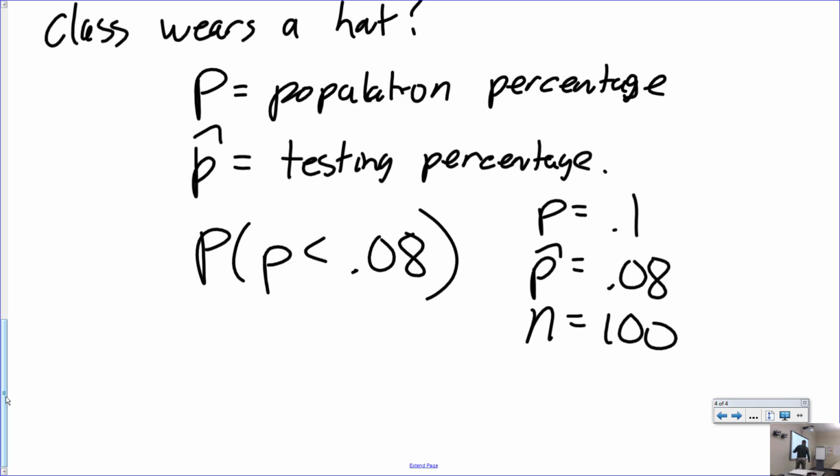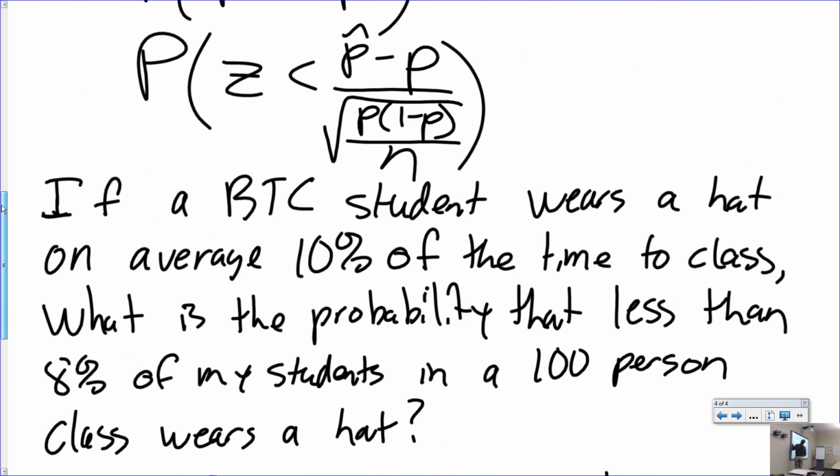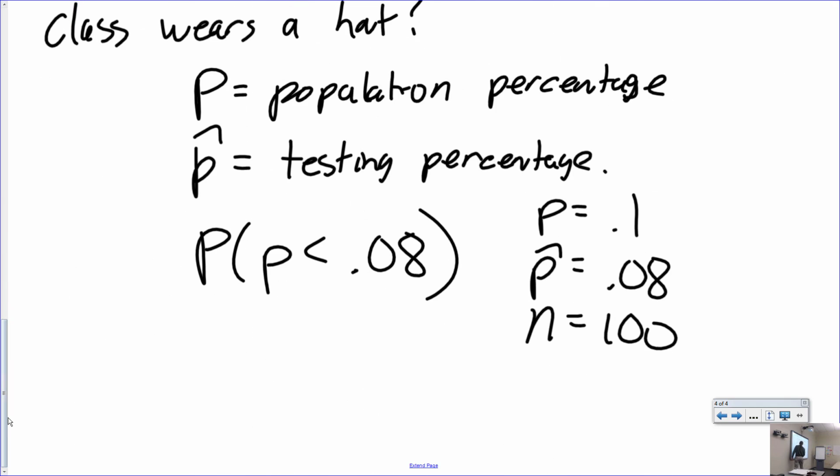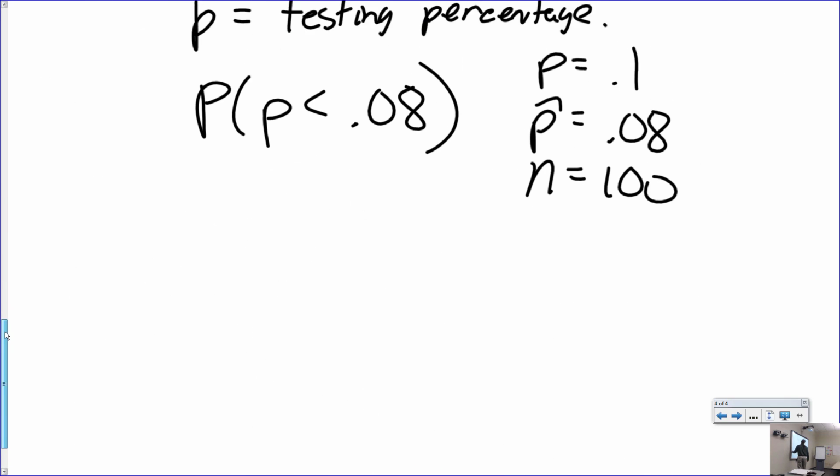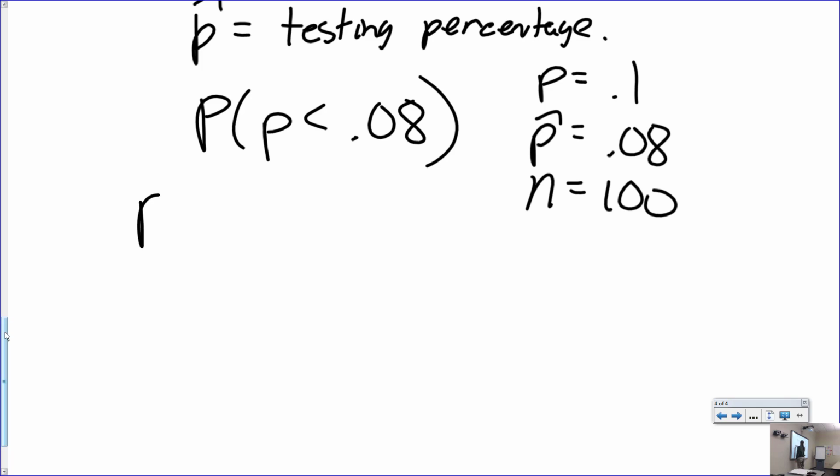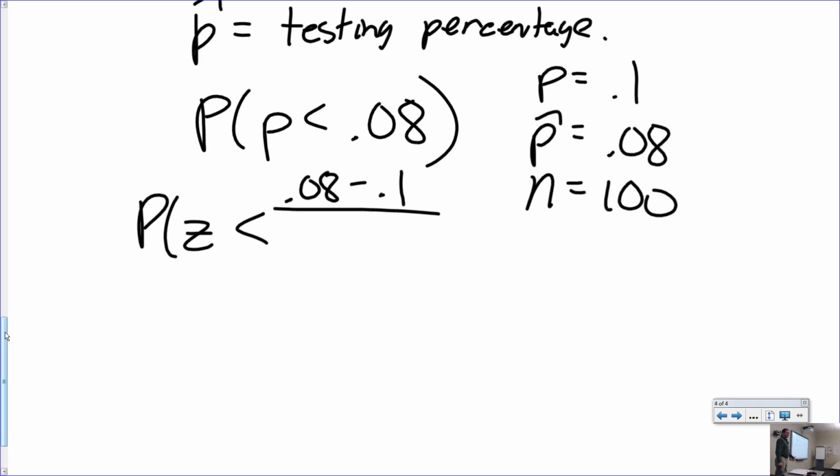Now apply the formula: p hat minus p. So when we convert this to a z, we're going to do 0.08 minus 0.1, and we're going to divide by that relatively nasty square root thing.